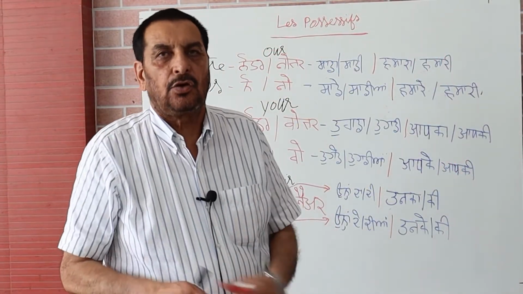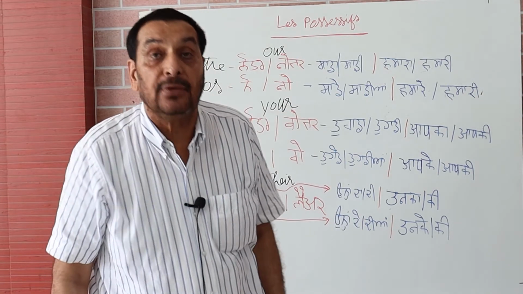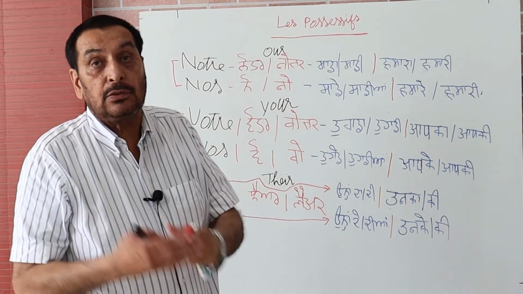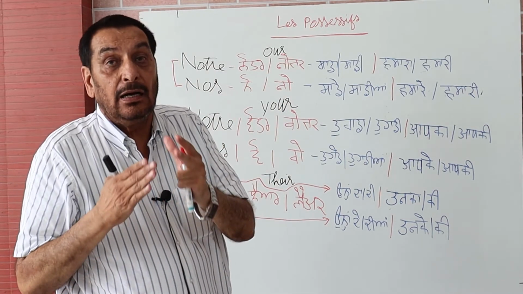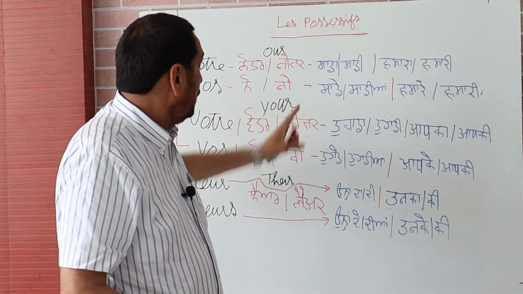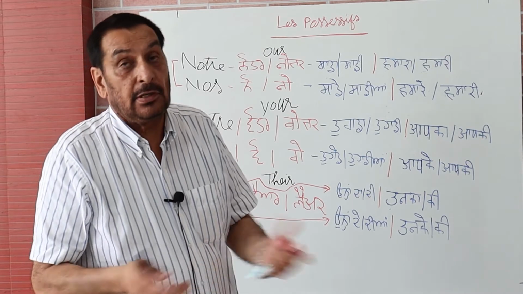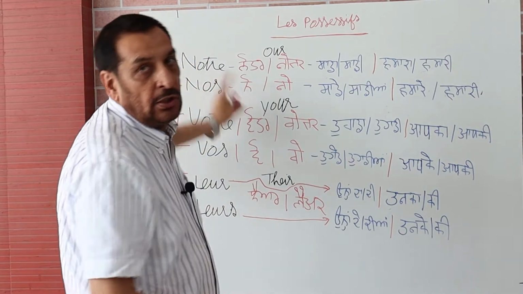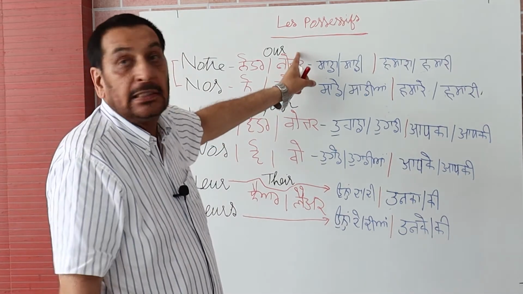Okay, let us continue. Les possessifs. Donc, here you see, I will explain what is our, your, and their. It is the same thing, very similar to Hindi and Punjabi again. Because notre means in English our.